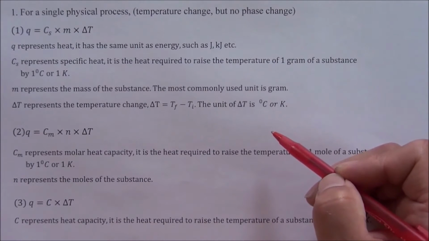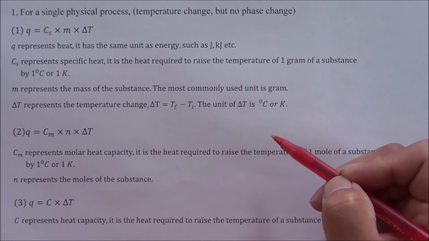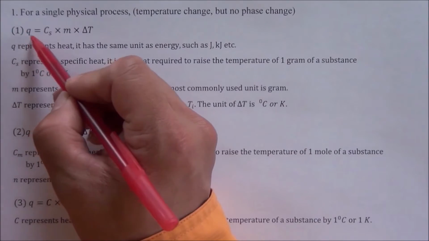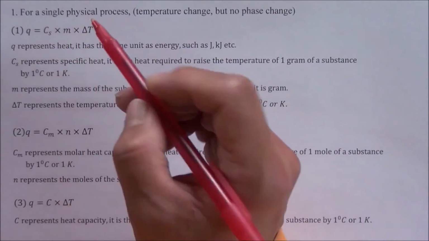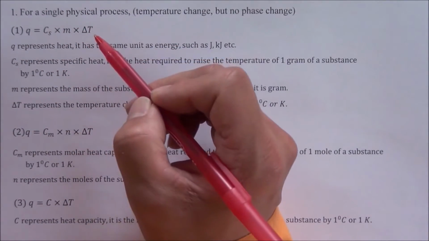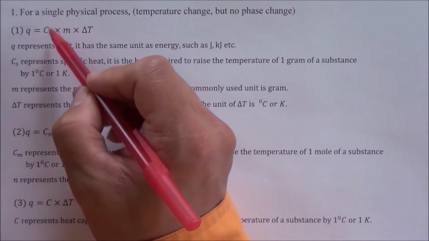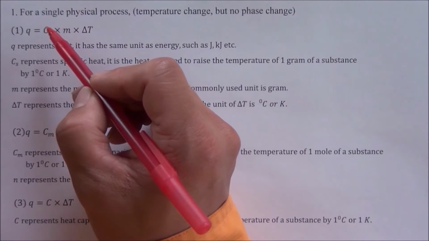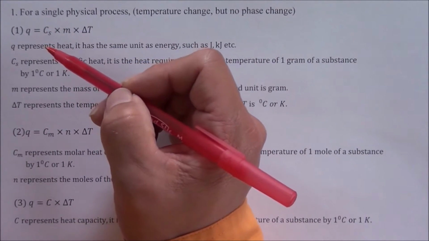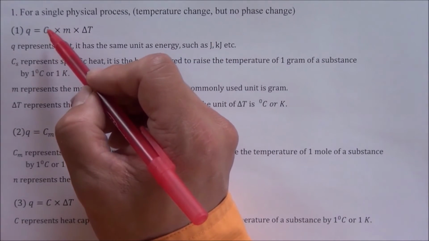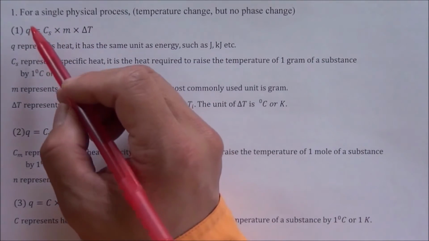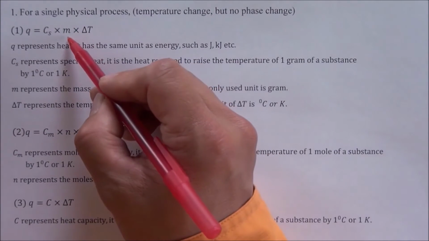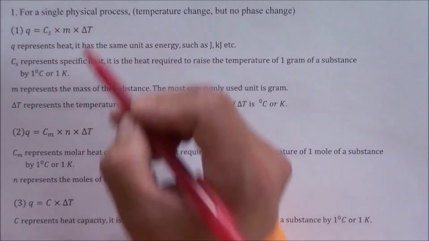At this point, you may wonder, Dr. Huang, you told us the unit of heat, the unit of mass, and the unit of temperature change. You did not tell us the unit for specific heat. Now I'm going to teach you how to find the unit for specific heat by using the unit of heat, mass, and temperature change.